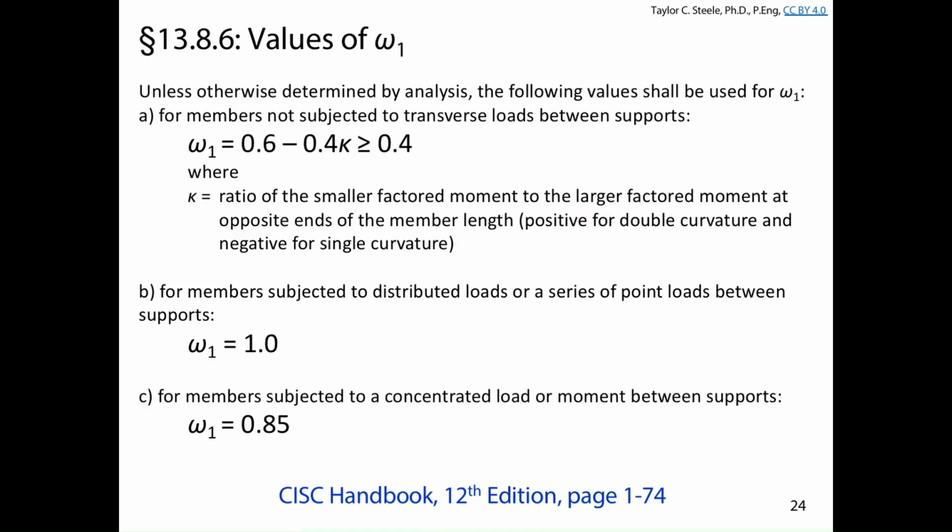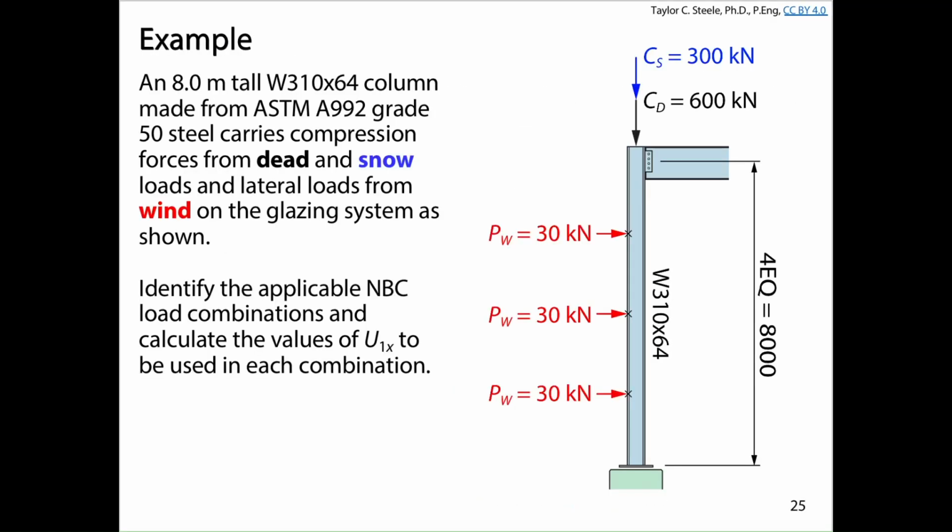Okay, so all we're going to do today is we're going to focus on calculating the U1x term, and it's relatively new. All the other stuff we've already kind of looked at for tension, we'll unpack a little bit more in the next lecture. We're going to look at this situation where we might have, we'll say, an 8-meter tall column, or at least there's 8 meters between the center of the supports for the column.